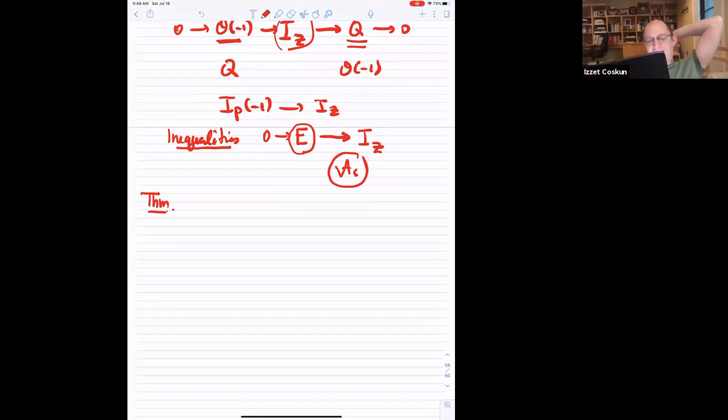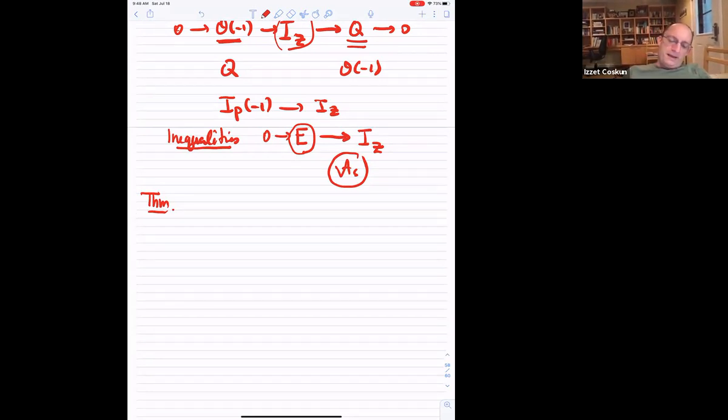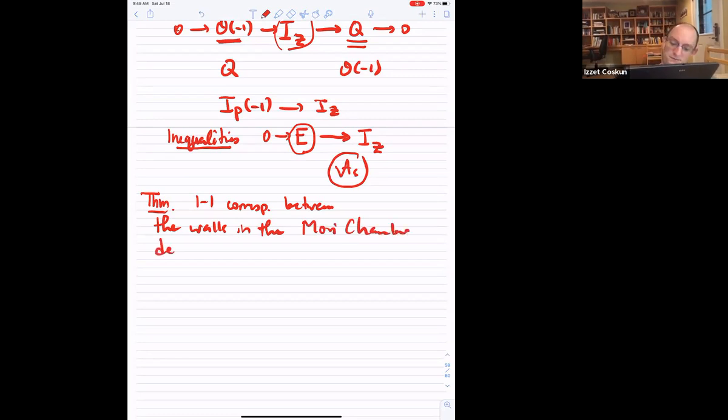And since then it has been proven by Bayer, Macrì, Chunyi Li, Shale, and Zhao. But basically what it says is that there is a one-to-one correspondence between the walls in the Mori chamber decomposition and the Bridgeland walls.